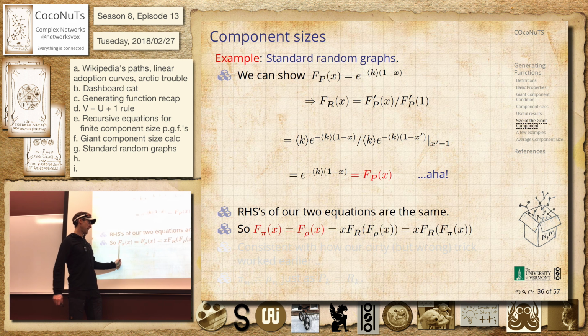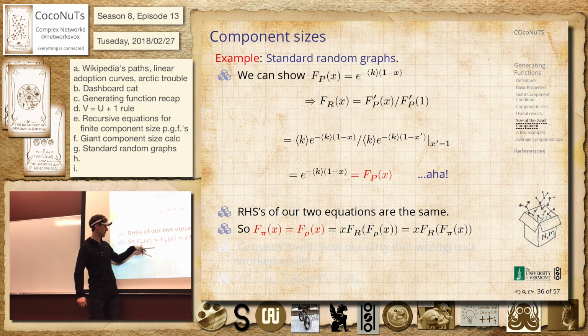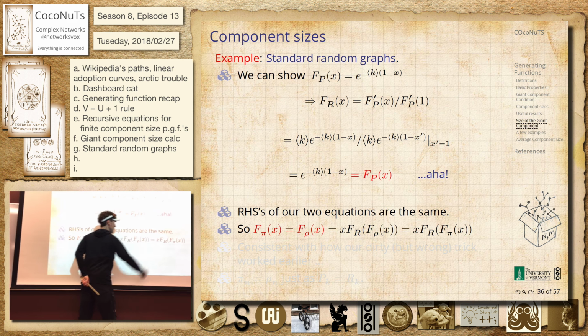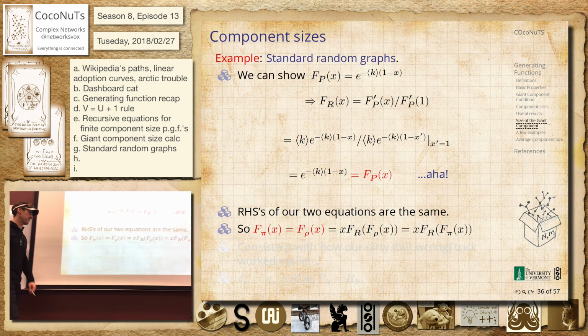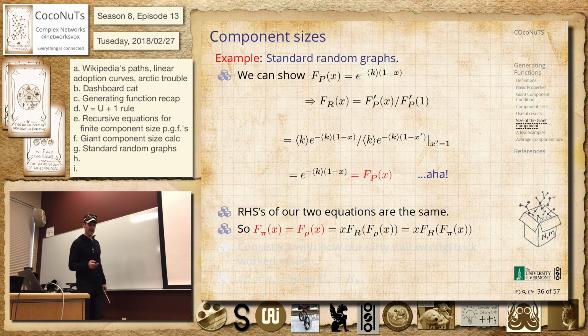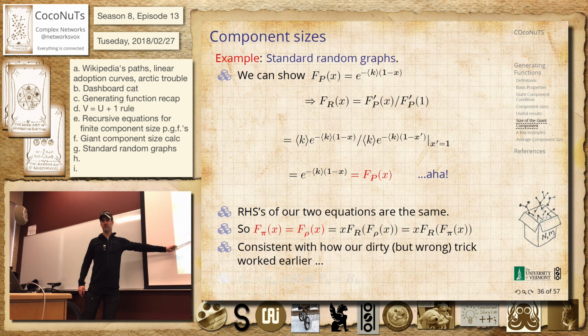So now we can say that the generating function for pi and the generating function for rho, so again, this is the pi sub n and rho sub n, these component sizes, are the same because they both have the same form. I know, it's exciting. Anyway, this is why our dirty trick worked before, where we did a bad thing.